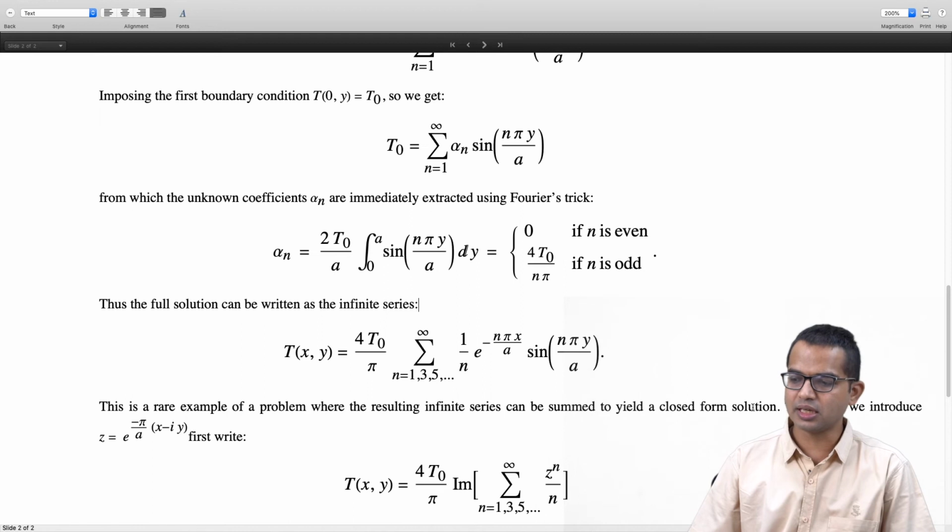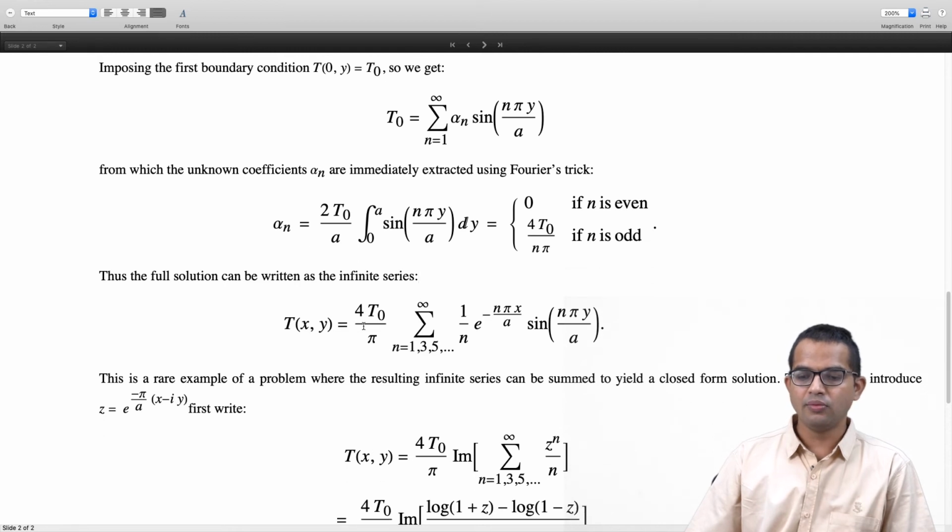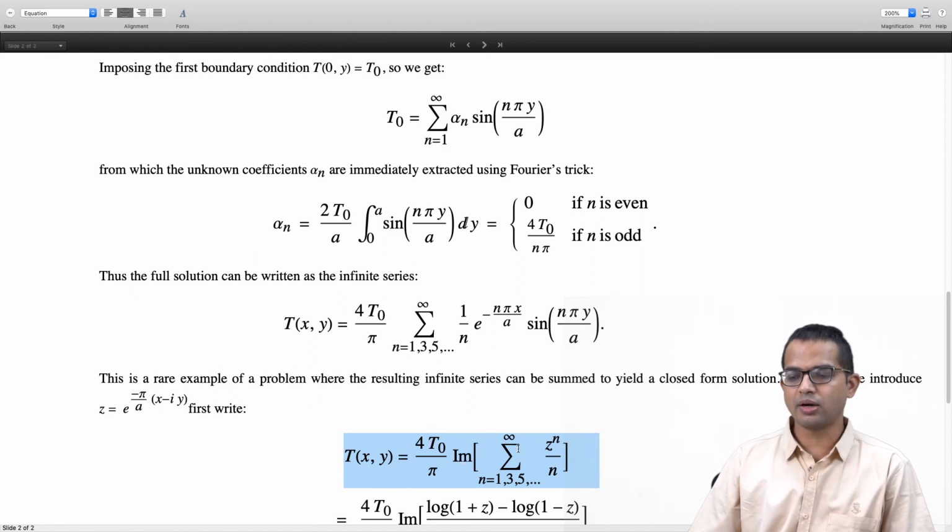I will allow you to check this. If you introduce this variable z is equal to e to the minus pi by a times (x minus iy), we can rewrite this infinite series as T of x comma y is equal to 4 T naught by pi times the imaginary part of this simpler looking infinite series. Only the odd numbers appear here, n equal to 1, 3 and so on.